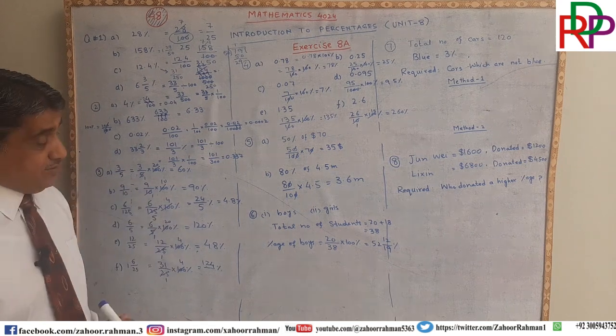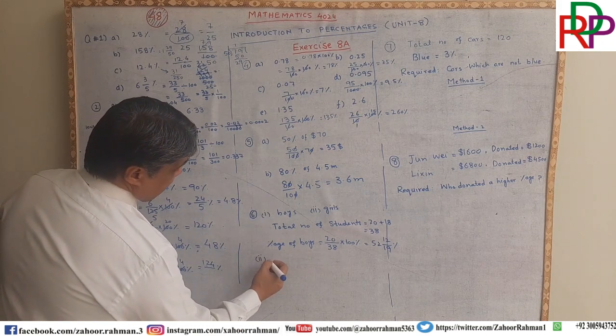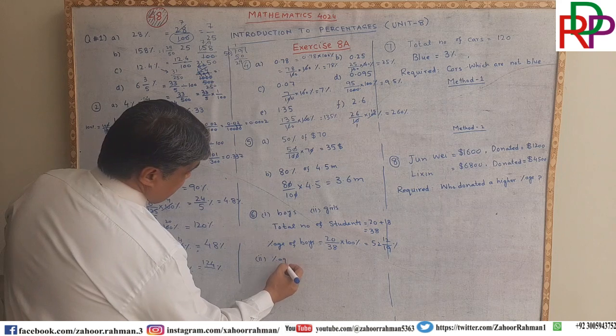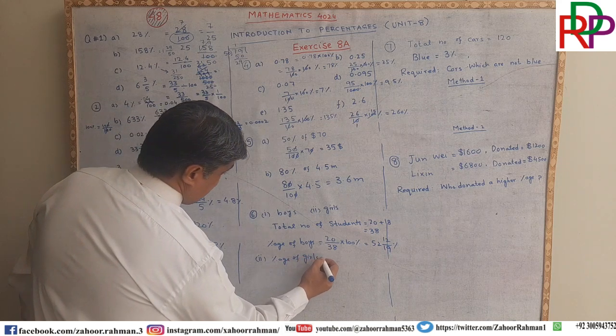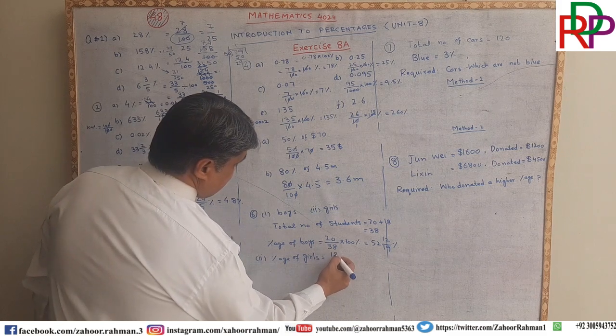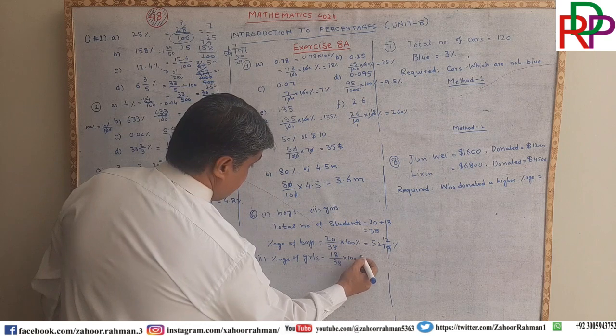Now second part is saying percentage of girls, and they are 18 divided by total and 100%.